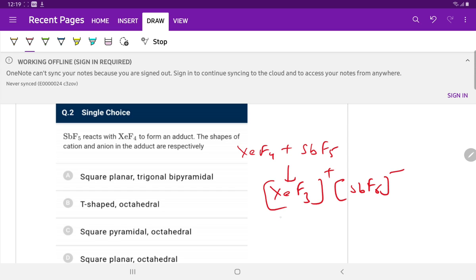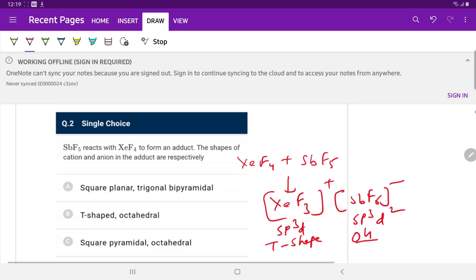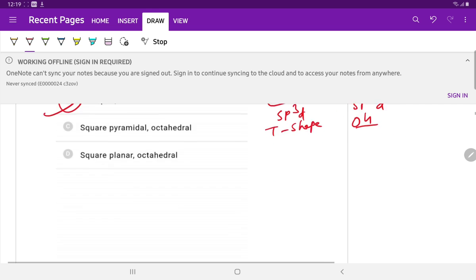In XeF3 plus, the hybridization of xenon is sp3d and shape is T shape, and in this structure the hybridization of antimony is sp3d2 and shape is octahedral. So T shape and octahedral, option B is correct for question number 2.